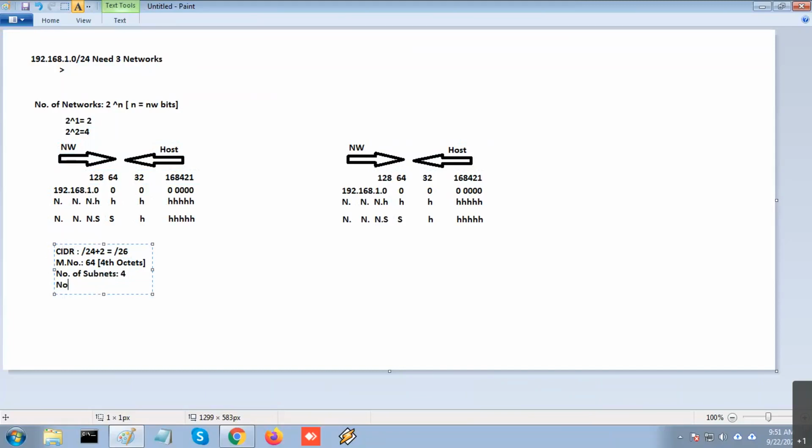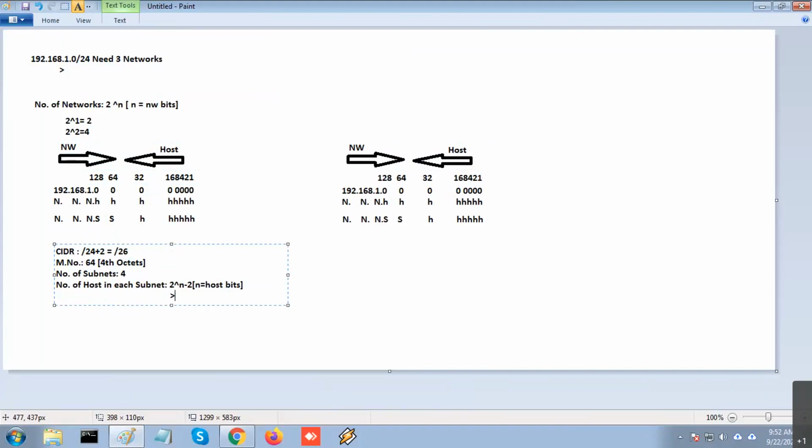In each subnet, how many hosts will be there? Number of hosts in each subnet is 2 power n minus 2, n is the host bits. So host bits are 6. 2 power 6 minus 2, how much? 62.